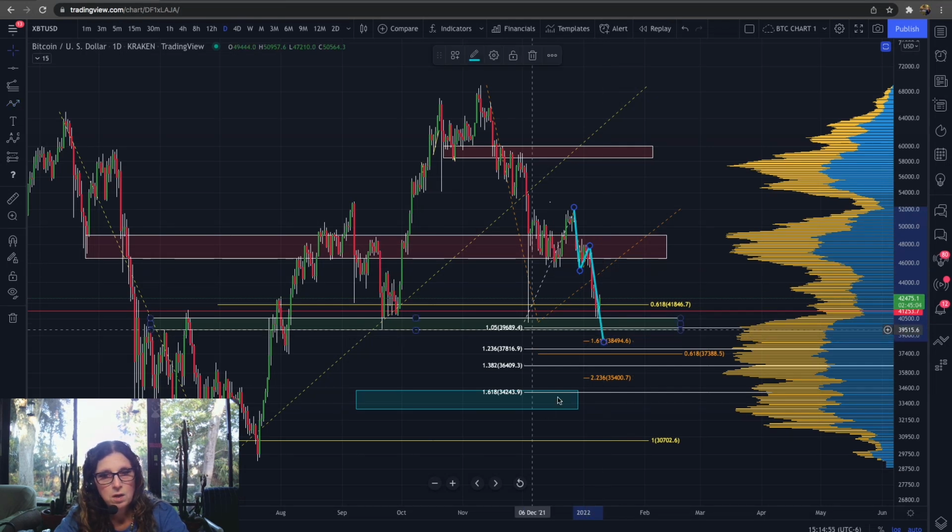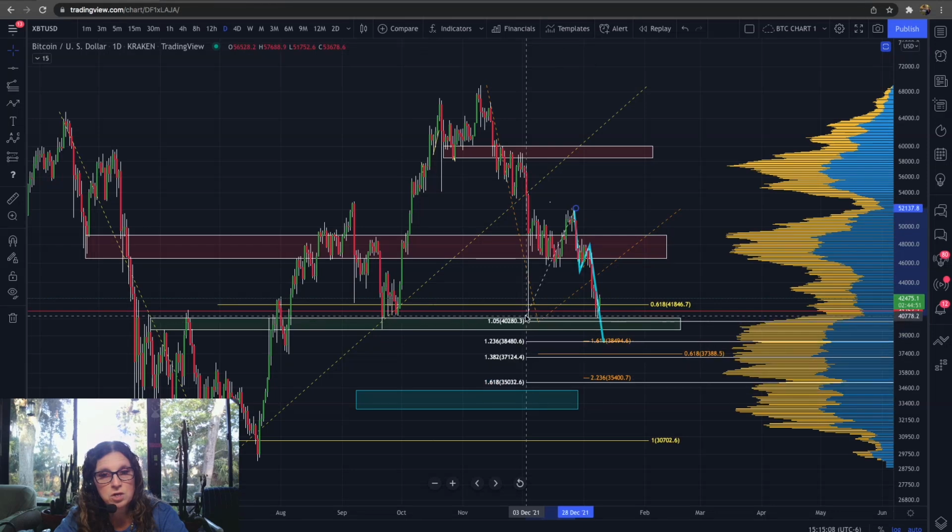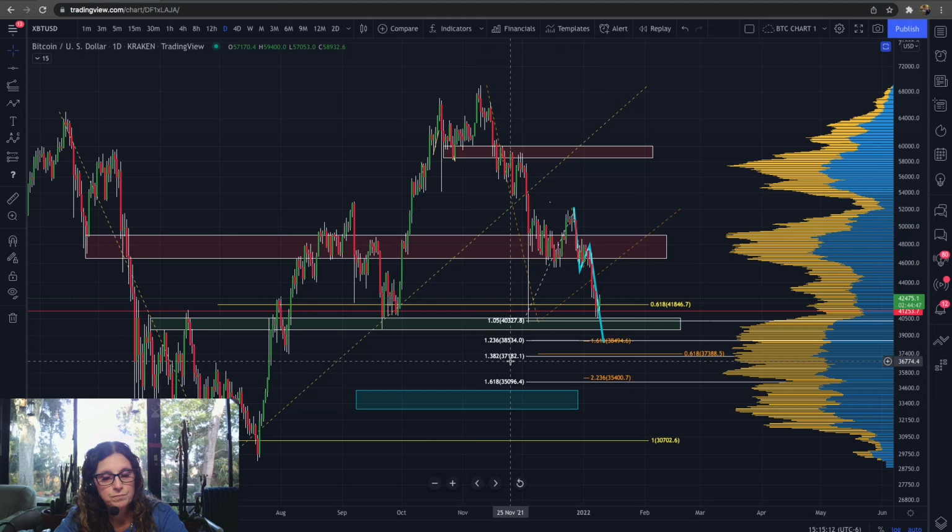Now, on the Coinbase chart, this is lining up much better, and I guess I should have used that chart. It's actually lining up where this extension is right on that 1.618. So it has me leaning that this is just a bounce, but we'll have to wait and see.